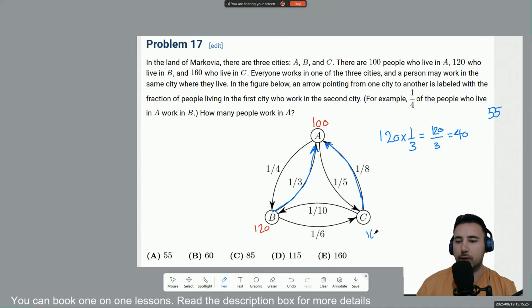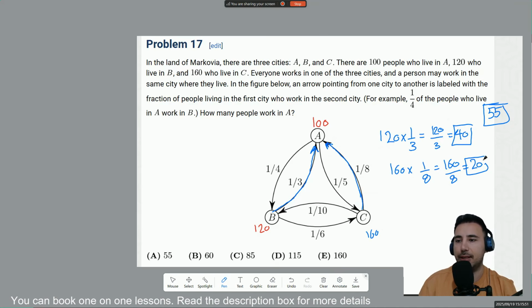That's 160, and 1/8 of them go to A to work. This is equal to 160 over 8. We could simplify, and the answer is just 20. So from C, 20 people go to A for work. From B, 40 people go to work. And there are 55 people who are already in A. They live in A and they work there.